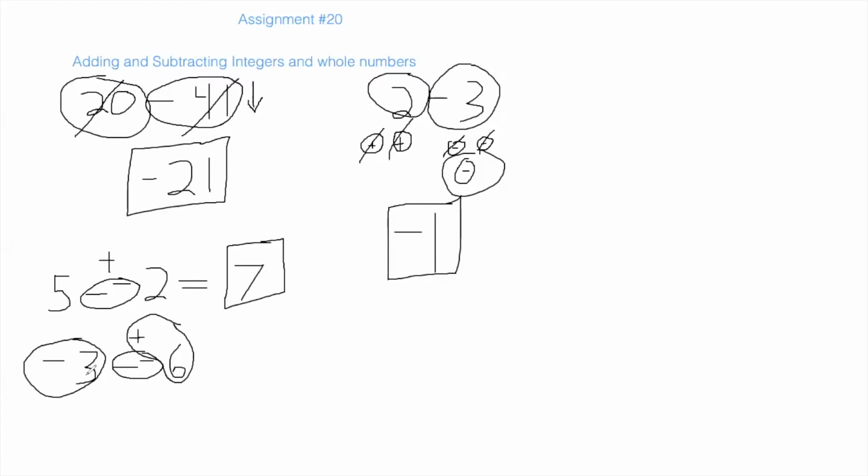Three of the negatives are going to cancel out 3 of the positives, and you're left with a positive 3 at the end. Remember, it's like you have 3 negatives like that, and then 6 positives over here.